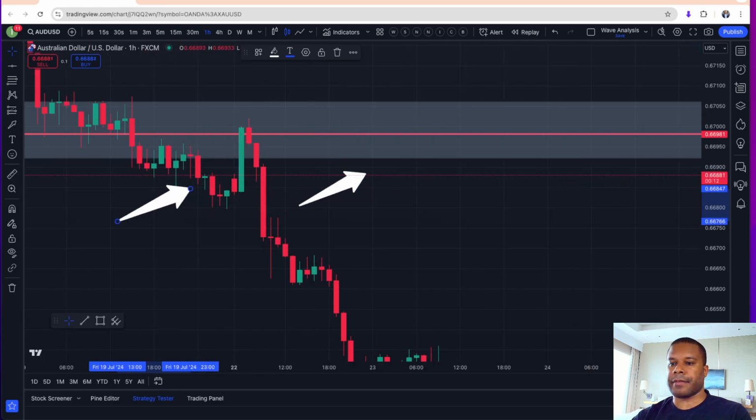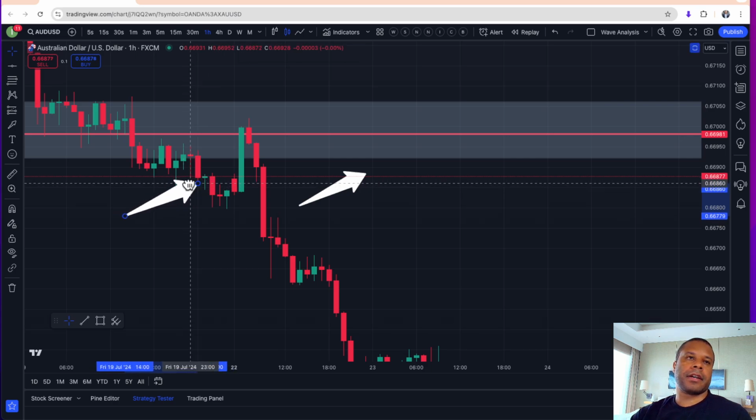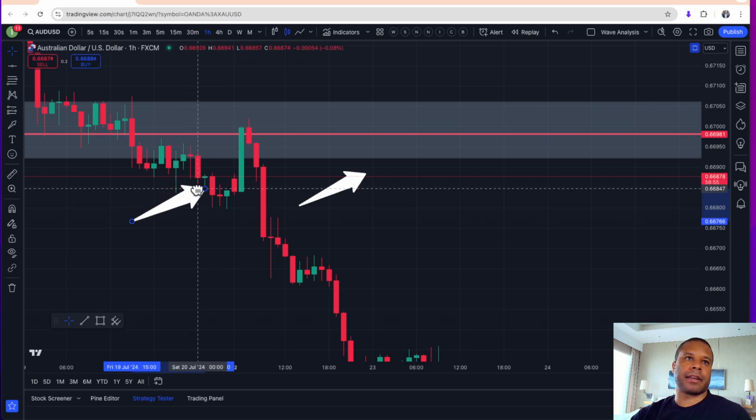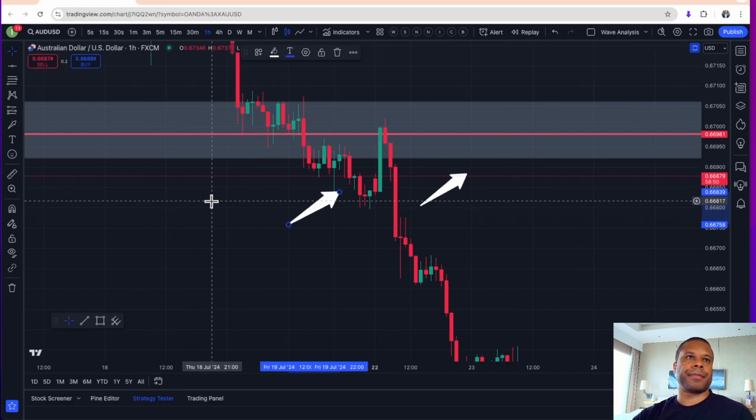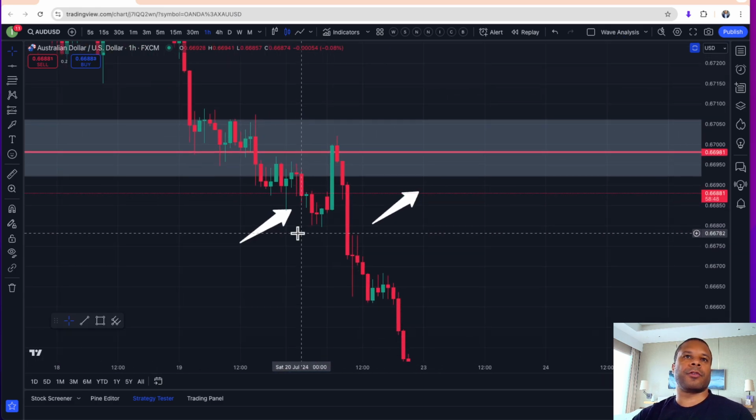As you can see, it's like a Marubozu candle with a hanging man, and then another Marubozu. So I would look at these three candles as a signal for sells.